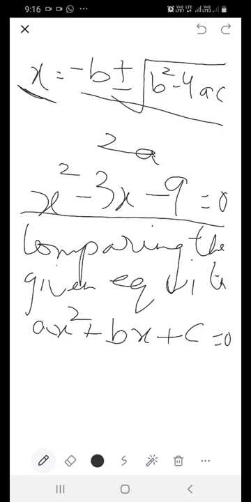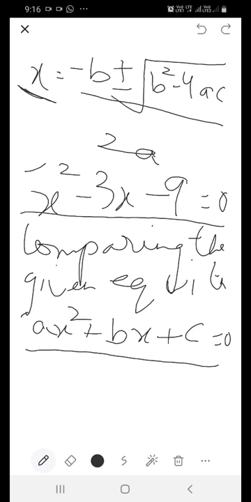Now this is the general formula for the quadratic equation. Ax square plus bx plus c is equal to 0. And you are going to compare your given equation with this general formula.